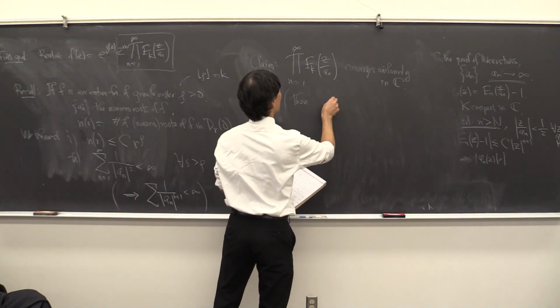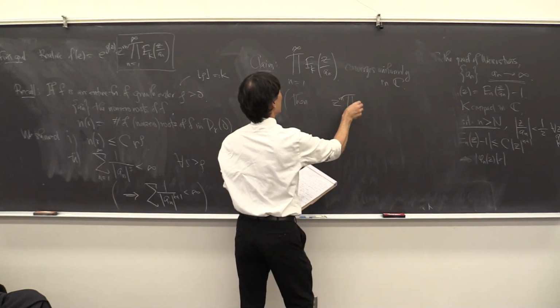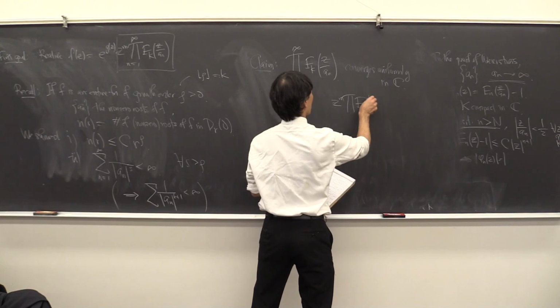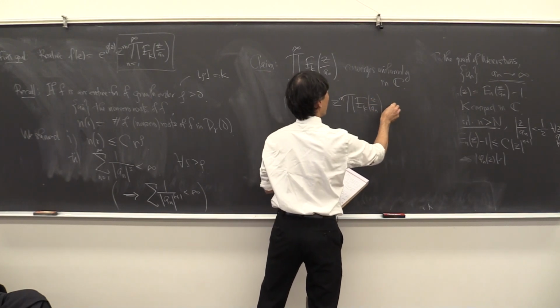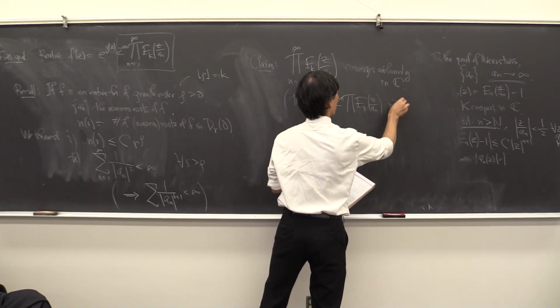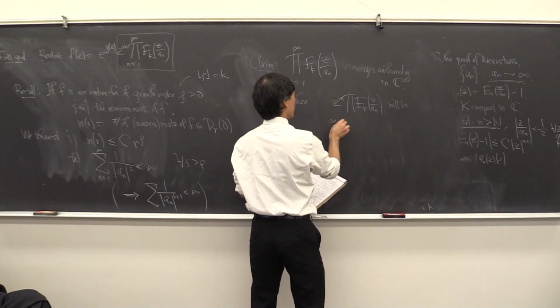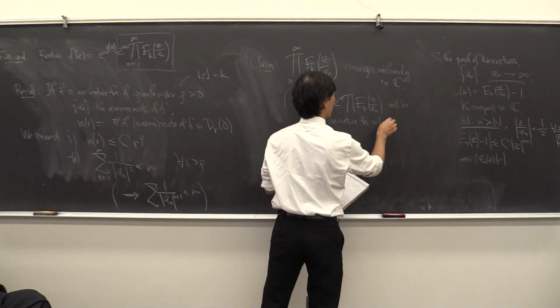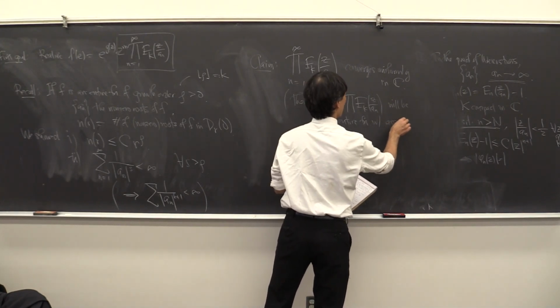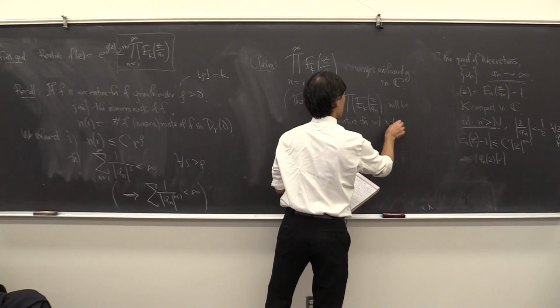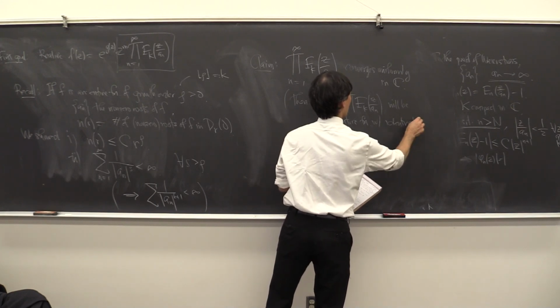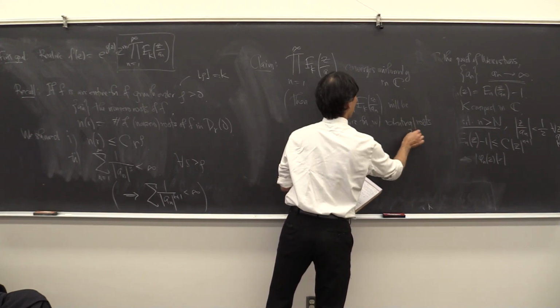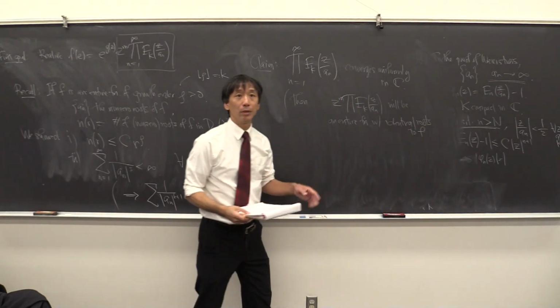Then z to the m times this thing will be an entire function with the appropriate roots, with identical roots to f, right?